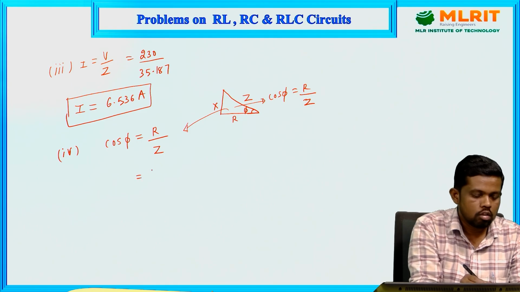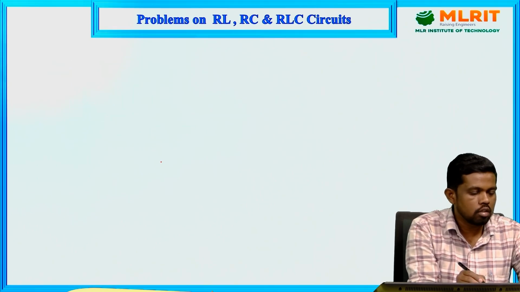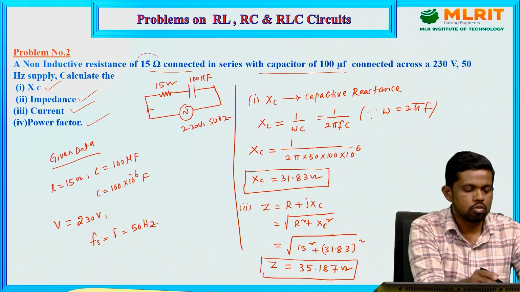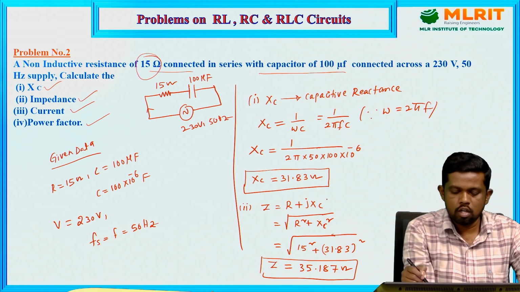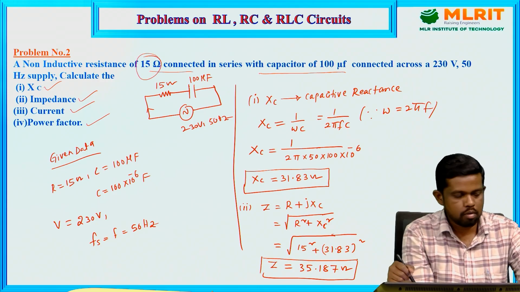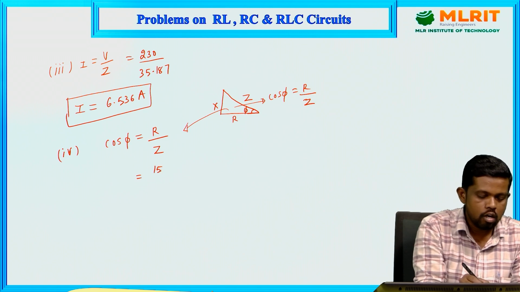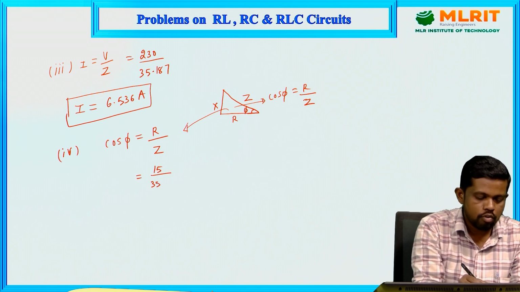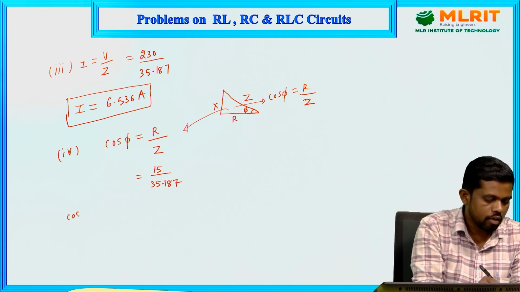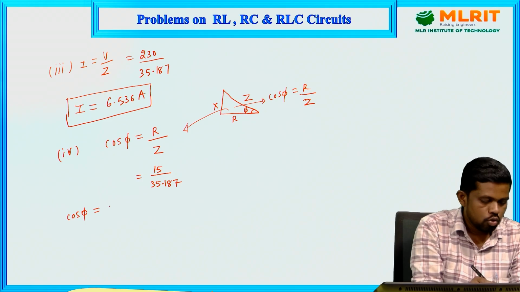R is mentioned in the question as 15 ohms, and the impedance value we just found is 35.187. So the ratio of 15 divided by 35.187 means the power factor offered by the network between the current and voltage should be 0.426 leading.